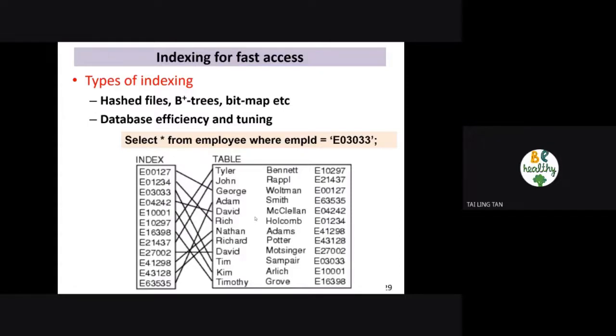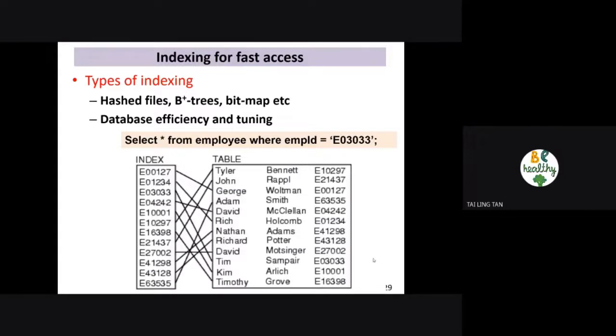Okay, so this is the reason why we want to have indexing, especially if the database is huge. If you don't have indexing, it will spend a lot of time searching the table from the top to the end, which is impractical.